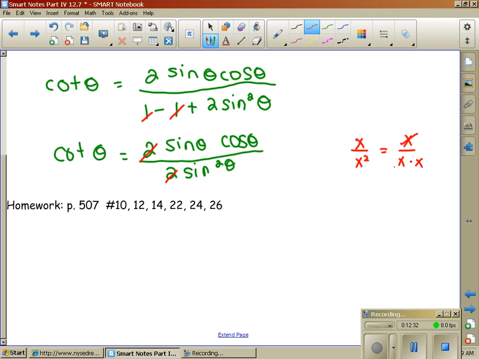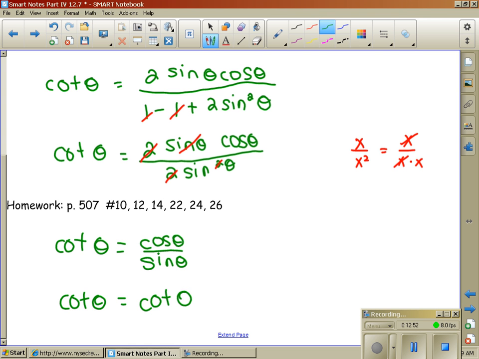One of the x's will cancel. So the sine cancels with one of the sines. So cotangent theta equals cosine theta over sine theta, right? And that's the quotient identity. Cotangent is equal to that. So then we write cotangent theta equals cotangent theta.